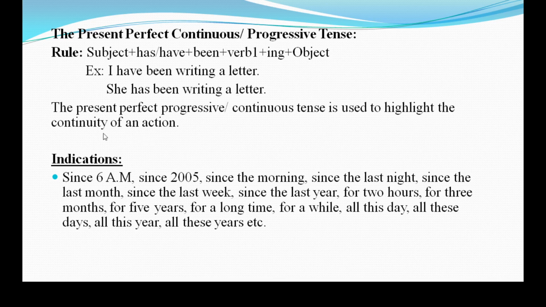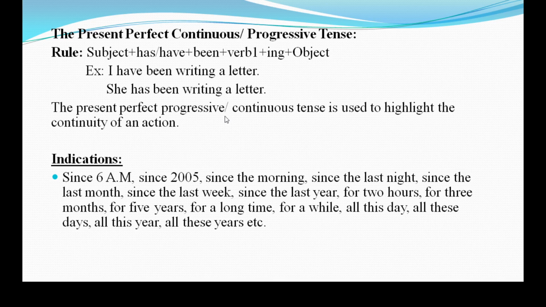Here we can mention that the present perfect progressive or continuous tense is used to highlight the continuity of an action. The present perfect continuous tense is a combination of the present perfect and the present progressive tense in form as well as in meaning.